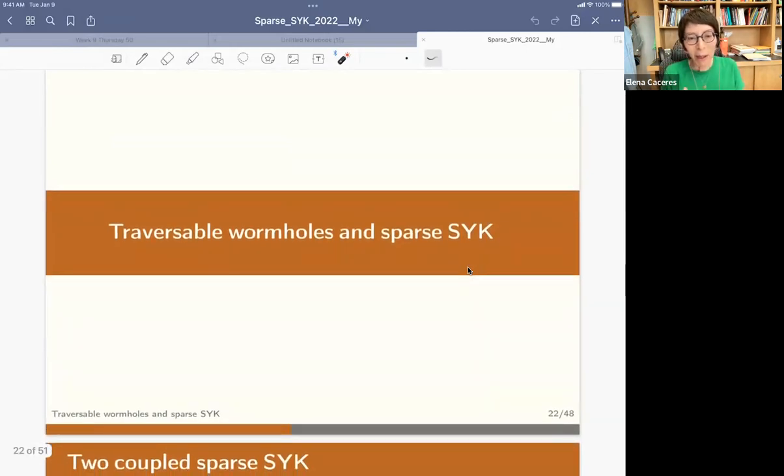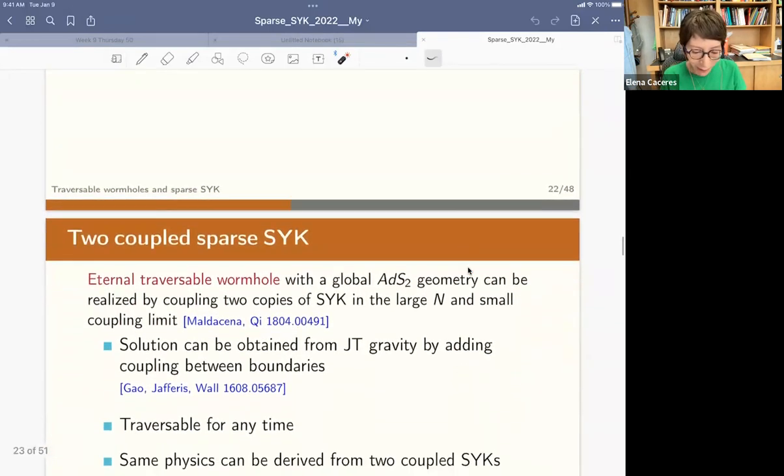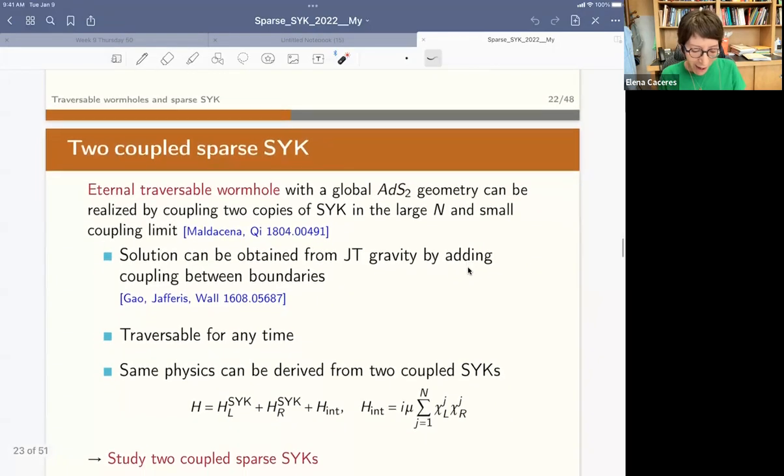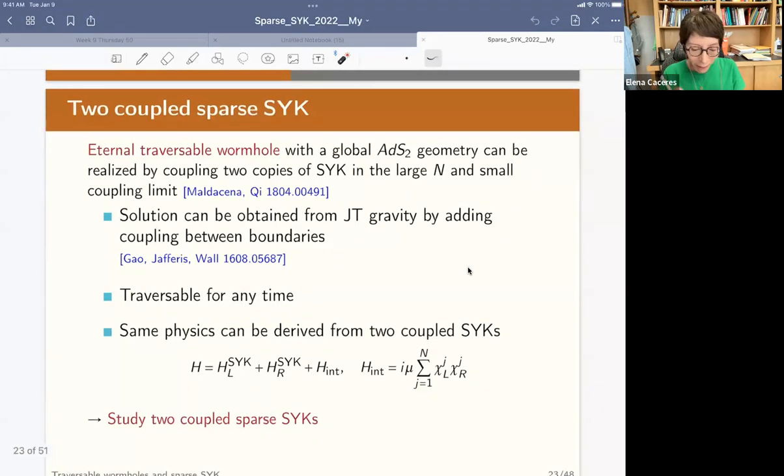So here I'm going to show you the results for the traversable wormhole in the sparse SYK, and another thing that we're doing right now, which tells us that the hypergraphs are giving some interesting information. Anyway, I talk a lot about hypergraphs. Okay, so we have two coupled sparse SYKs.